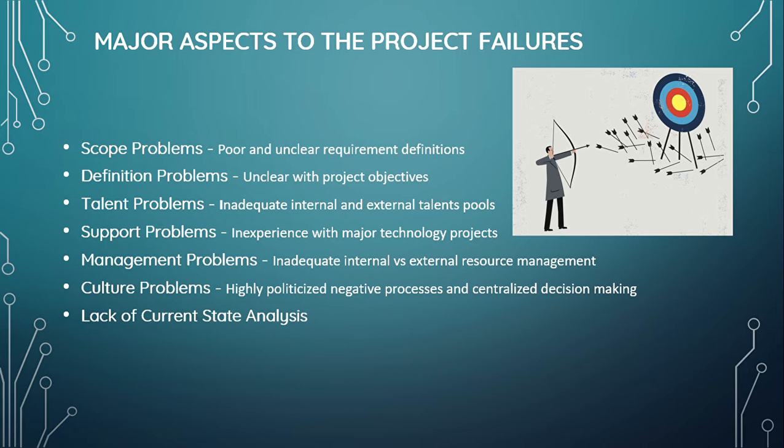Moreover, culture problems will also result in project failures. It is mainly due to a highly politicized negative process, centralized decision making, and a weak or non-existent technology culture. And the last one is lack of current state analysis.